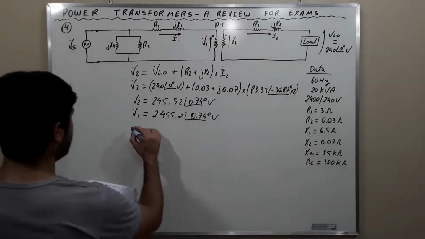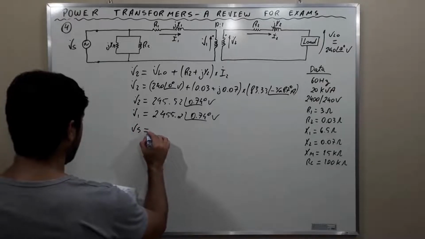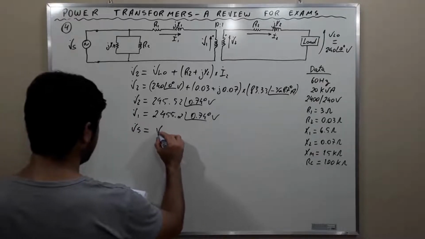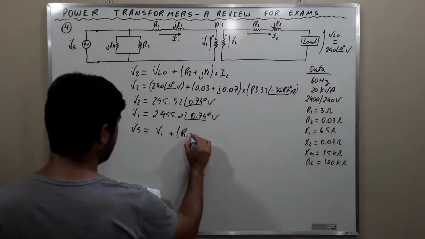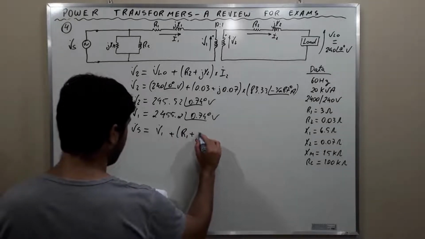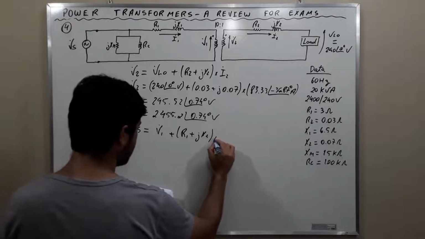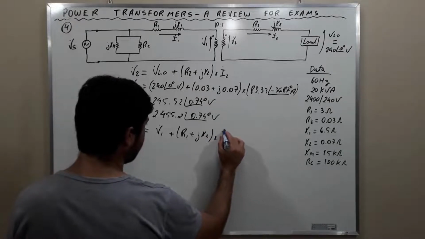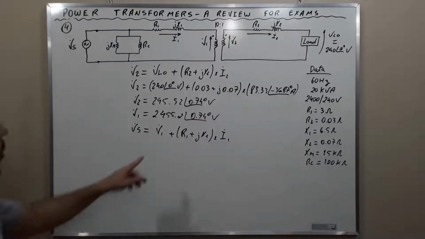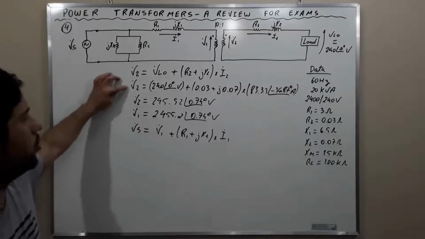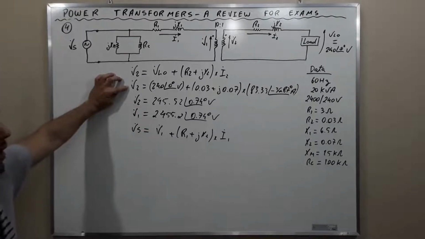Alright, so Vs is equal to V1 plus (R1 plus jX1) times I1. We're going to use the value of V1 as we calculated here.